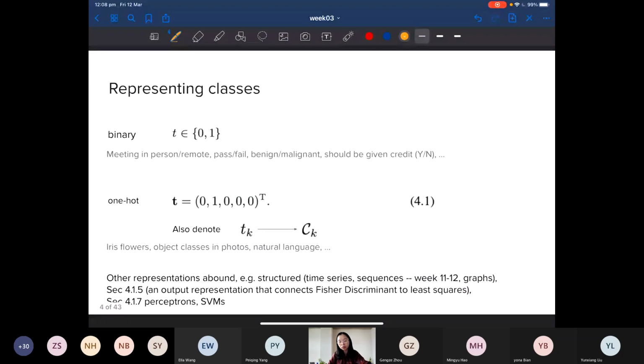And classifying images, classifying documents, and so on. So let's start by representing the task.